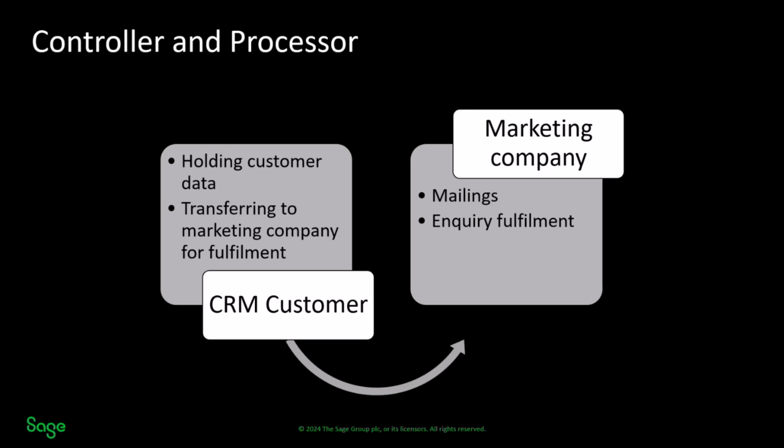But because of the customization ability of Sage CRM, the responsibility for any management of the personal data falls and remains with the customer. So it's the customer who has to identify those fields and manage that data according to the law. So it's not a question of Sage CRM becoming responsible for that data, because it's not Sage CRM that is holding, controlling, and processing the data.